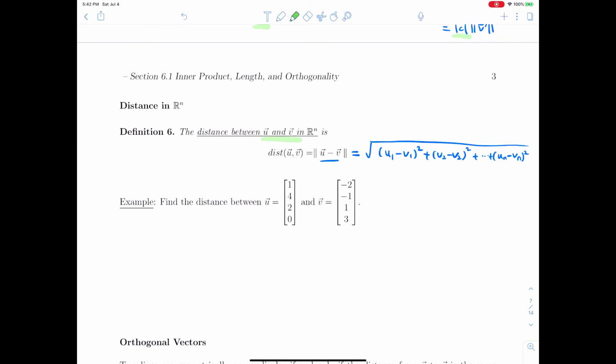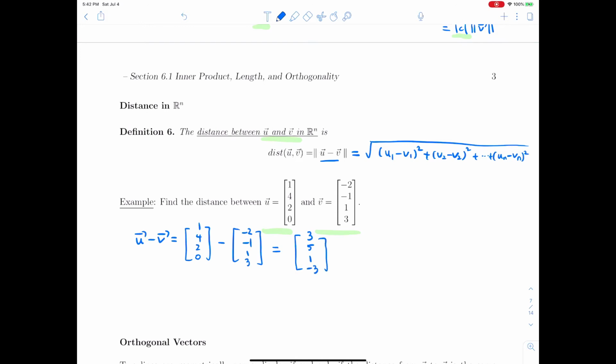So for example, if you have the vectors u and v in this way, we have u minus v equals 1, 4, 2, 0 minus negative 2, negative 1, 1, and 3. And this equals 3, 5, 1, and negative 3.